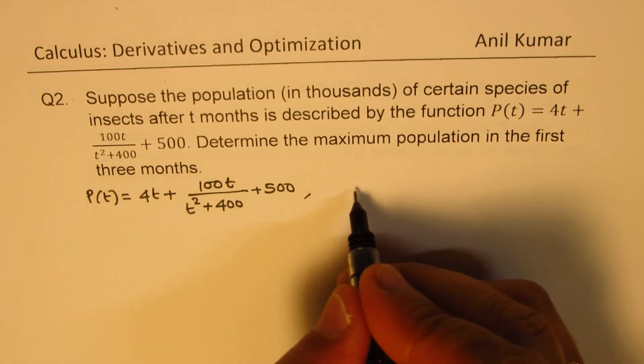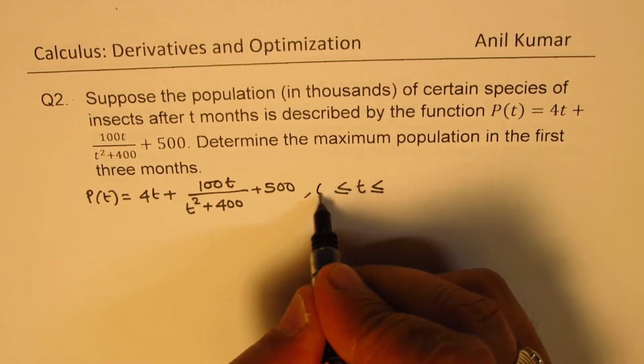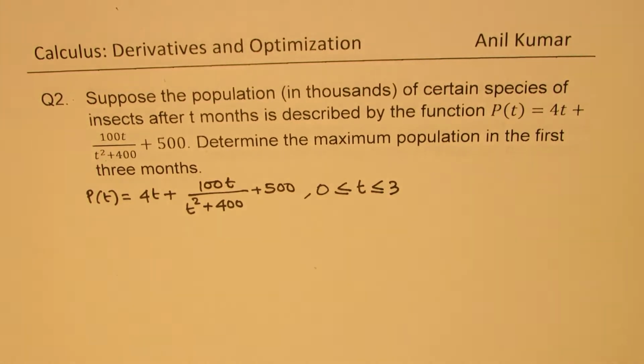So first 3 months means t is from 1 to 3, right? So that is your first 3 months, starting 1, 2, or 3. Those are the values it could have.